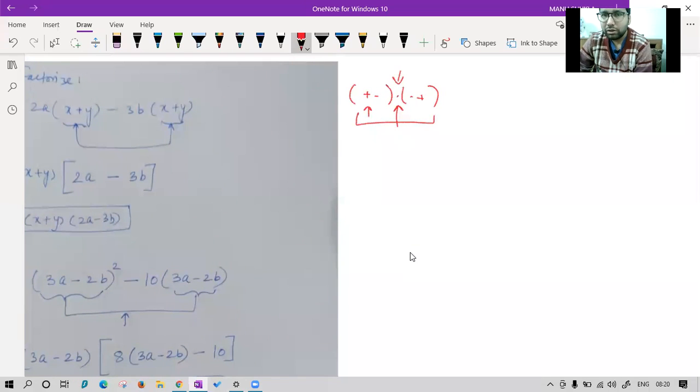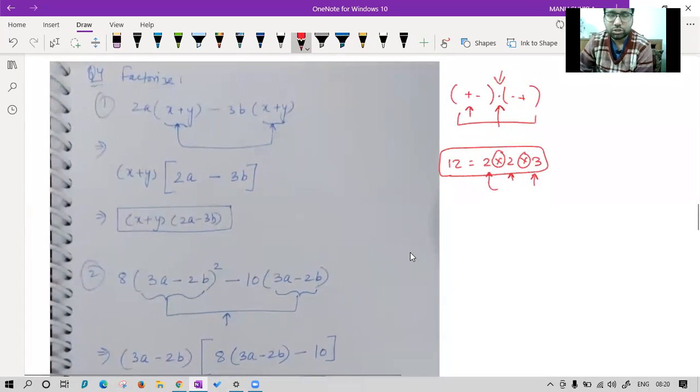If you remember, we know that 12 can be written as 2 into 2 into 3, where 2 is a factor, 2 is a factor, and 3 is a factor, and in between there is a multiplication sign. So we have to take care of the same thing here also.